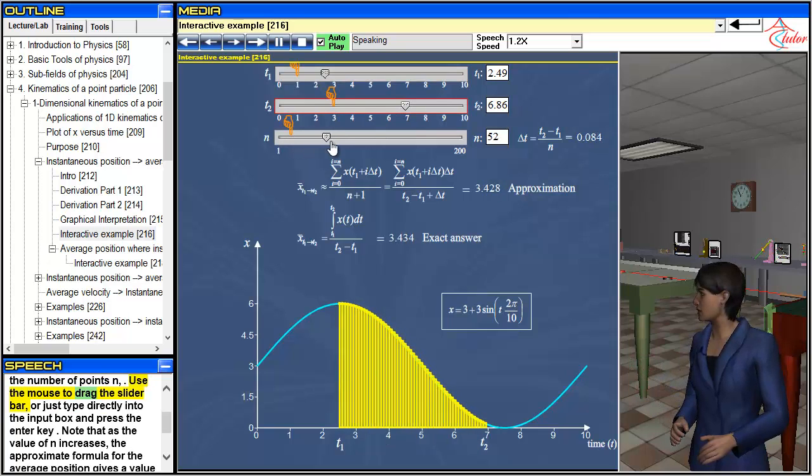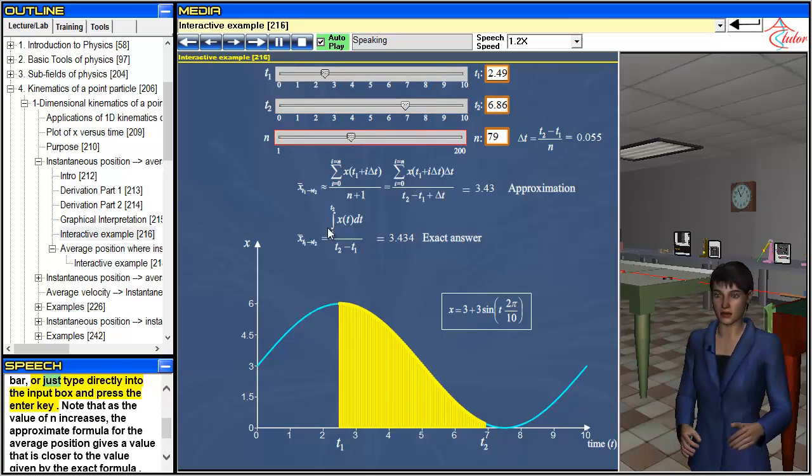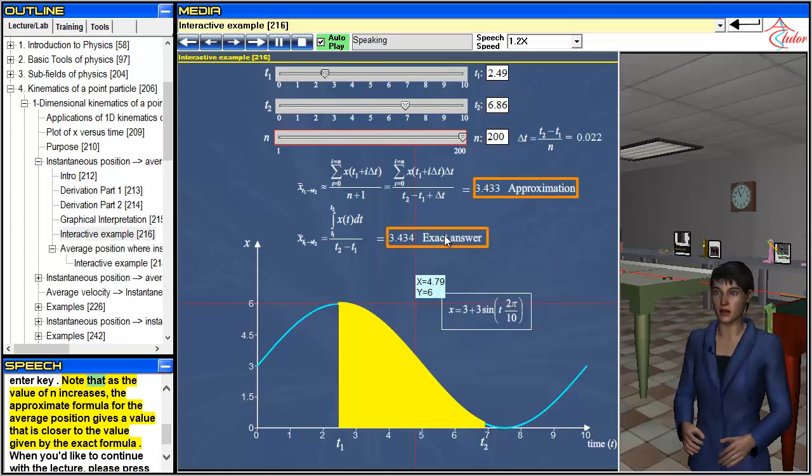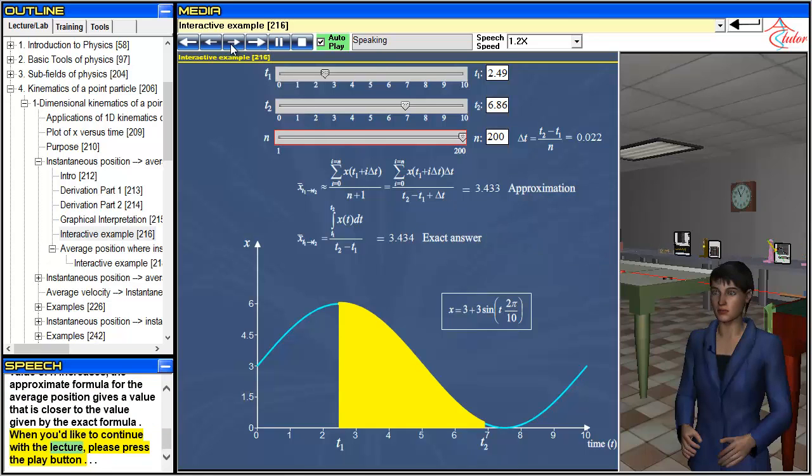Use the mouse to drag the slider bar, or just type directly into the input box and press the Enter key. Note that as the value of n increases, the approximate formula for the average position gives a value that is closer to the value given by the exact formula. When you'd like to continue with the lecture, please press the play button.